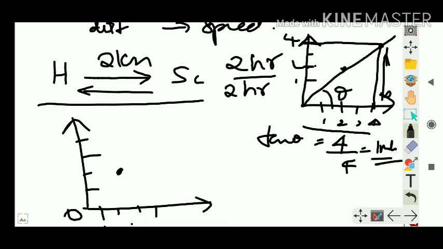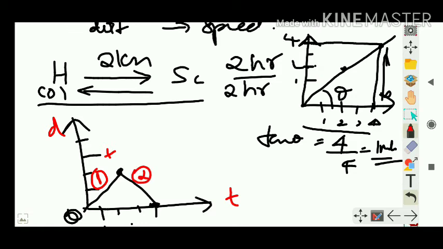This is my home, my origin. So the next position is here. When I plot the graph for this example, for the displacement time graph, it looks like this.